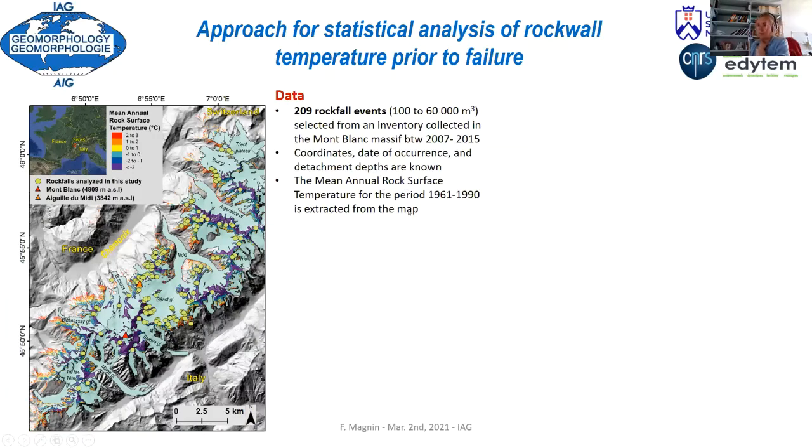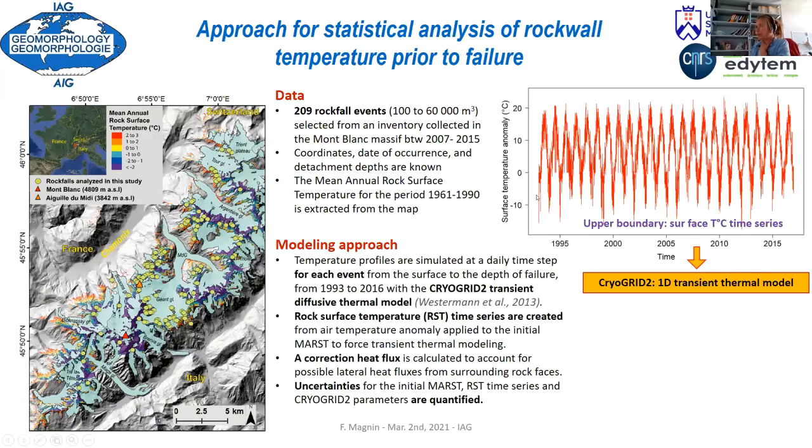So for all these rockfalls, we simulate the temperature dynamics prior to failure. So we use the mean annual rock surface temperature to create a rock surface temperature time series since the early 1990s. We just apply to this mean annual rock surface temperature the air temperature anomaly or day-to-day change registered in Chamonix, which means that we assume that the rock surface temperature strictly follows the air temperature change.